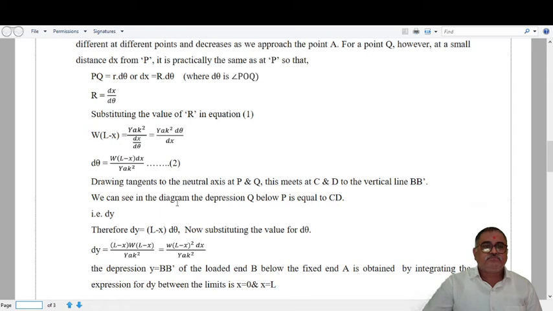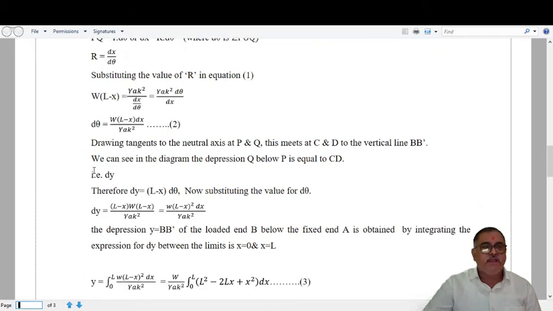Now as we discussed, we have to draw the tangents to the neutral axis at P and Q. These tangents will meet at C and D on the vertical line BB dash.